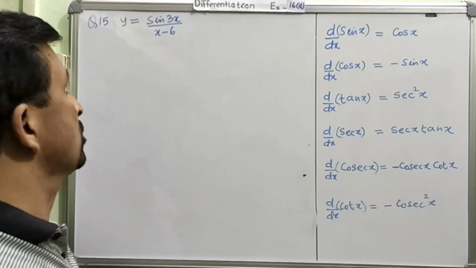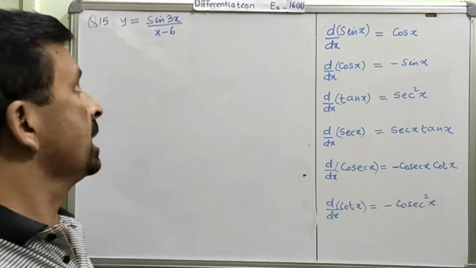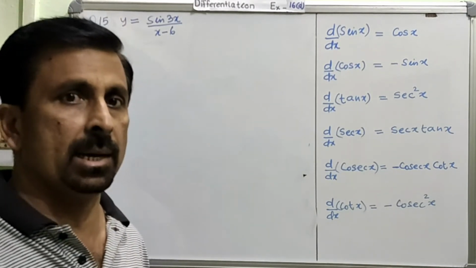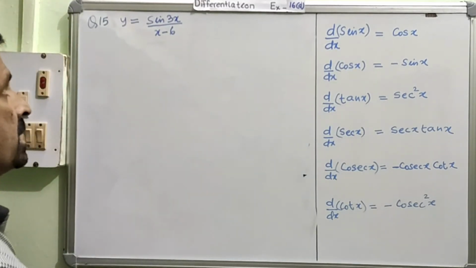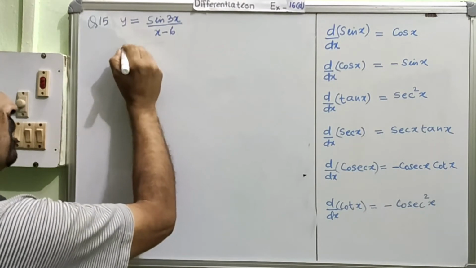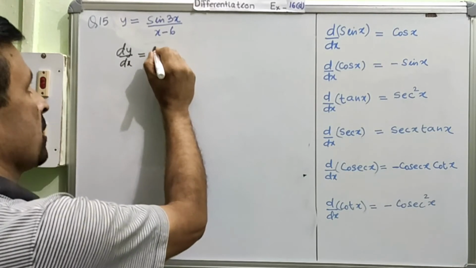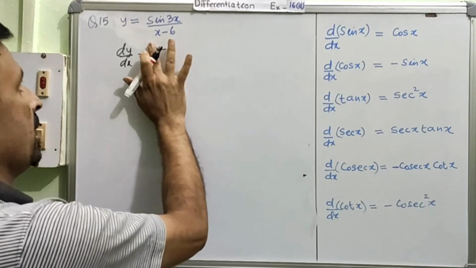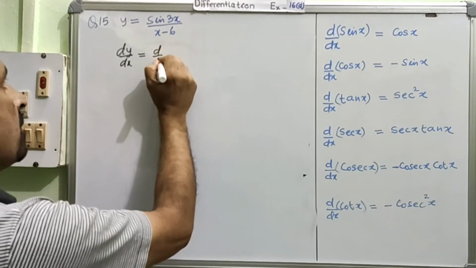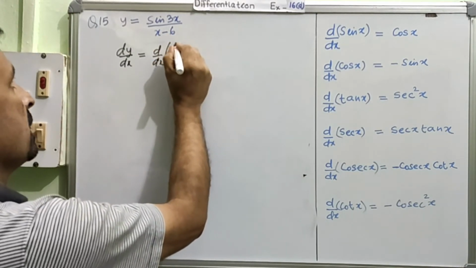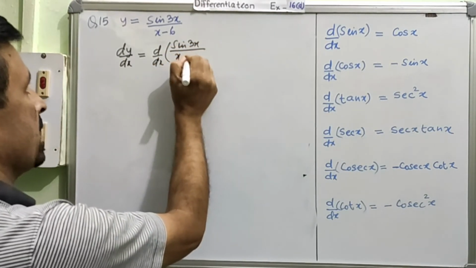Alright, as you can see, this question is in quotient form, and here we have the numerator as a trigonometric function and the denominator as an algebraic function. So we will apply the quotient rule for this given function and we will differentiate. So dy by dx is equal to, now you know, first of all the denominator will be kept. Let me show one step: d over dx of the given function sine 3x divided by x minus 6.